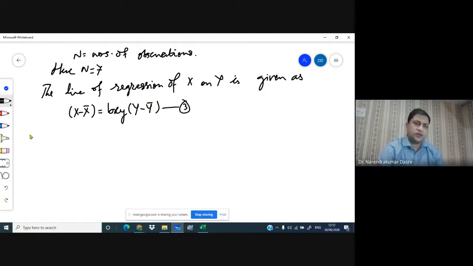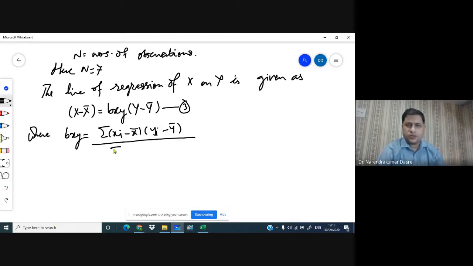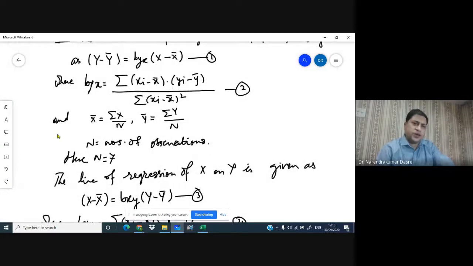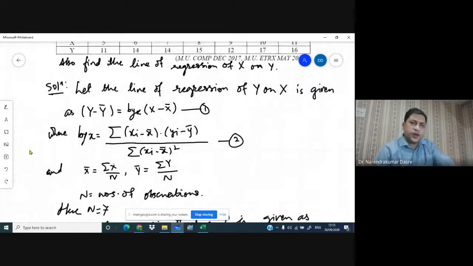This is the next equation, where Bxy is summation xi minus x bar into yi minus y bar upon summation yi minus y bar whole square. This is equation 4. So now we have these four equations. X bar and y bar I have already mentioned.